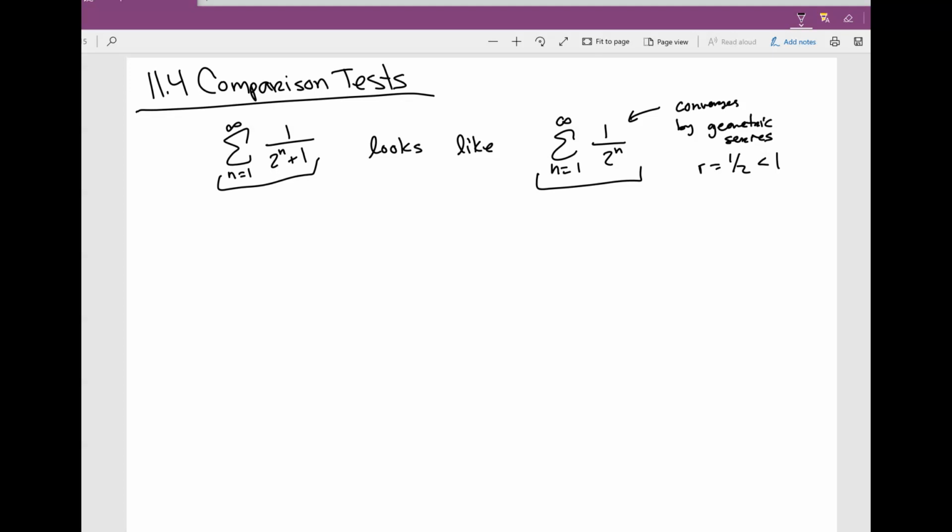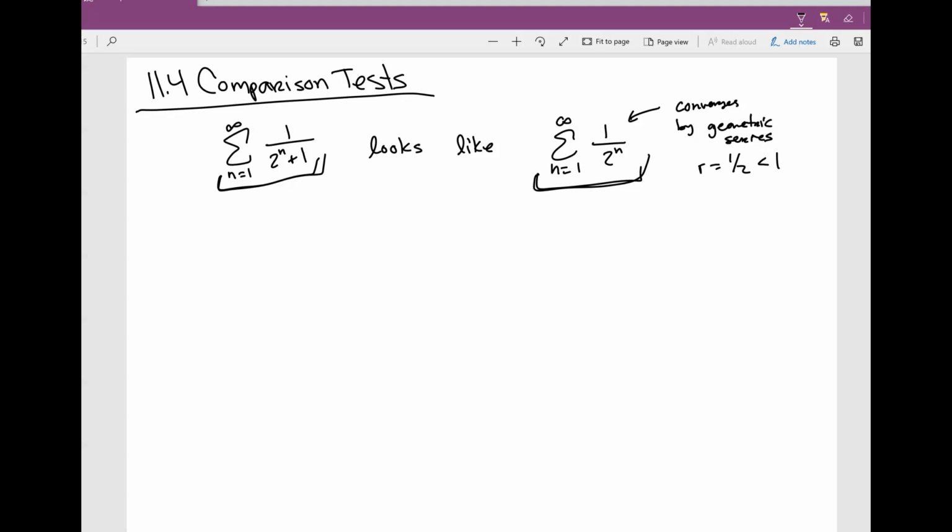So if we know that this guy converges, what can we say about this guy? Well, adding a term in the denominator, so if I add a number in the denominator, the whole fraction is going to get smaller. If I subtract a term on the bottom, that's going to make the whole fraction bigger.